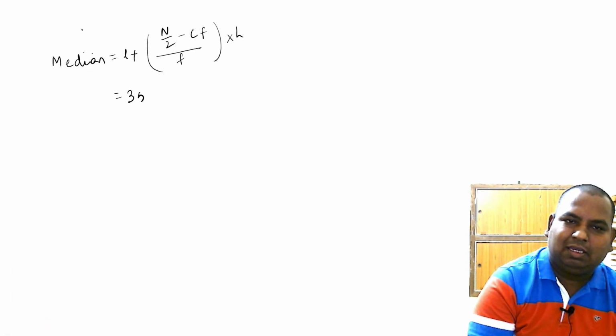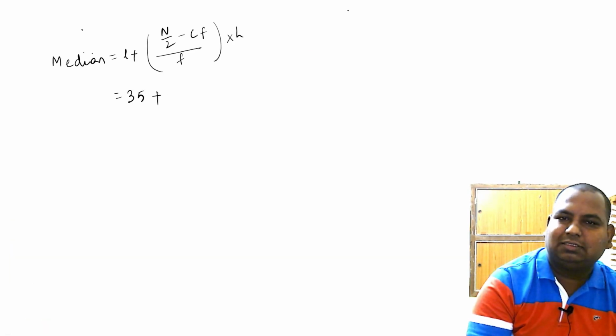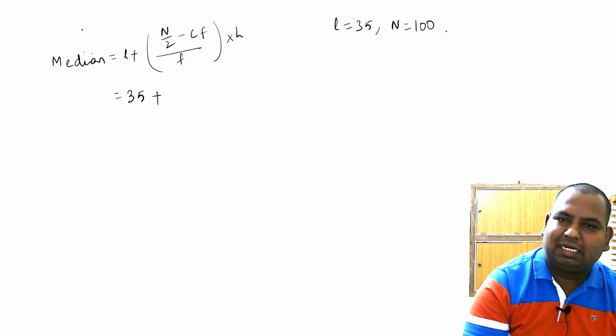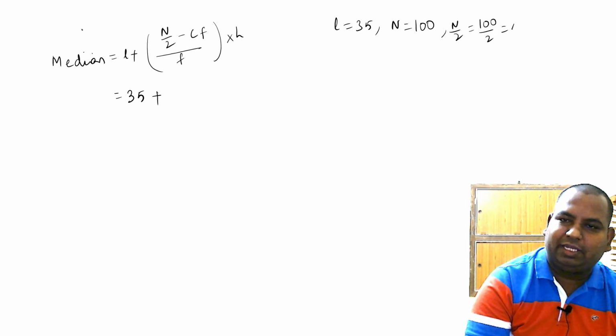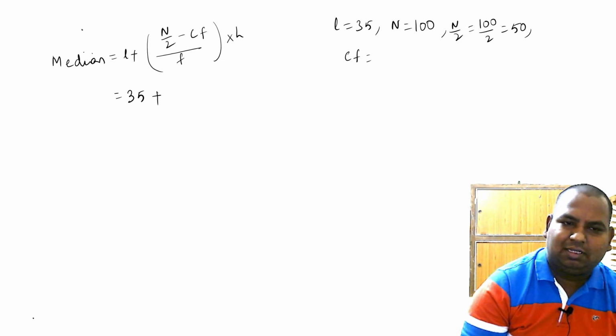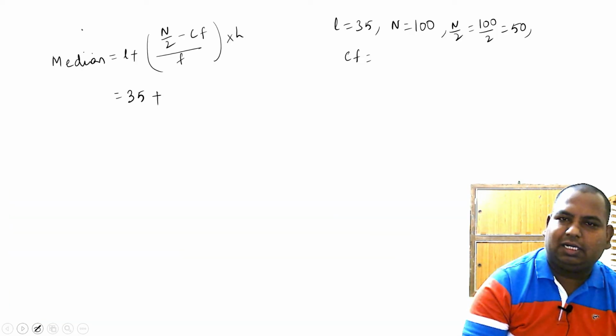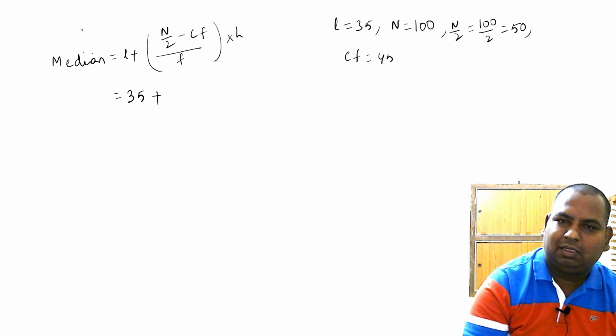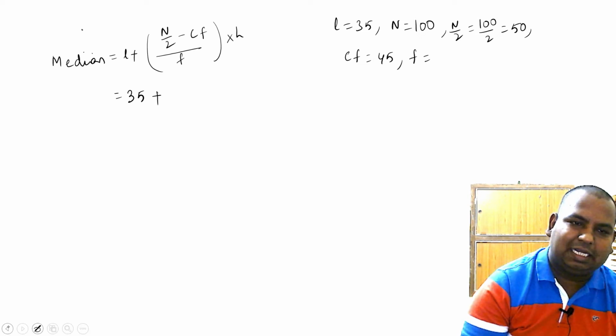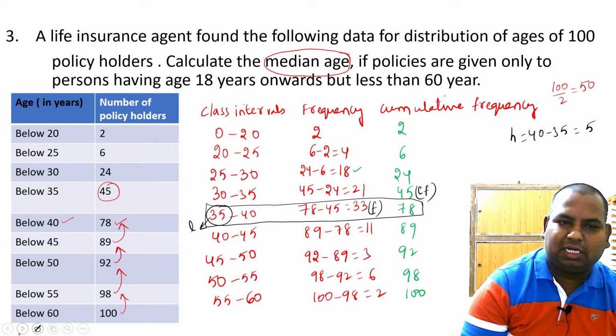L is 35, the lower limit of the median class. What about N? N is 100. If N is 100, N by 2 will be 100 by 2, which is 50. Next CF. CF is the cumulative frequency, that is 45. F is the frequency of the median class, which is equal to 33.